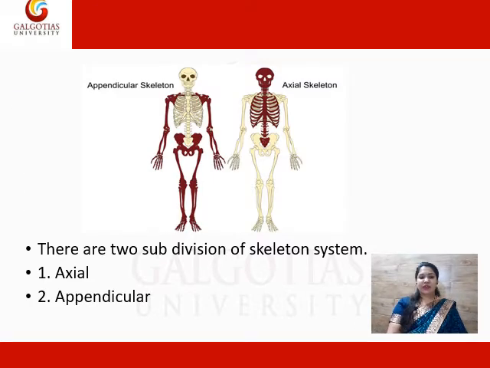Here in this picture, the axial skeleton and the appendicular skeleton are shown in dark color. In the first picture, this is the appendicular skeleton, which is dark in color. It includes the shoulder girdle and the whole upper limb, plus the pelvic girdle and the whole lower limb.